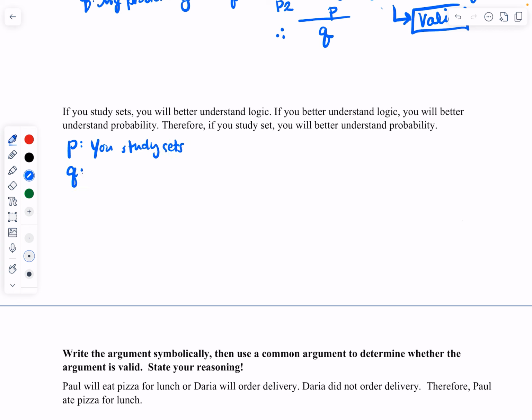Let's let Q equal you better understand logic. And then I have an R as well. The R is you understand probability.